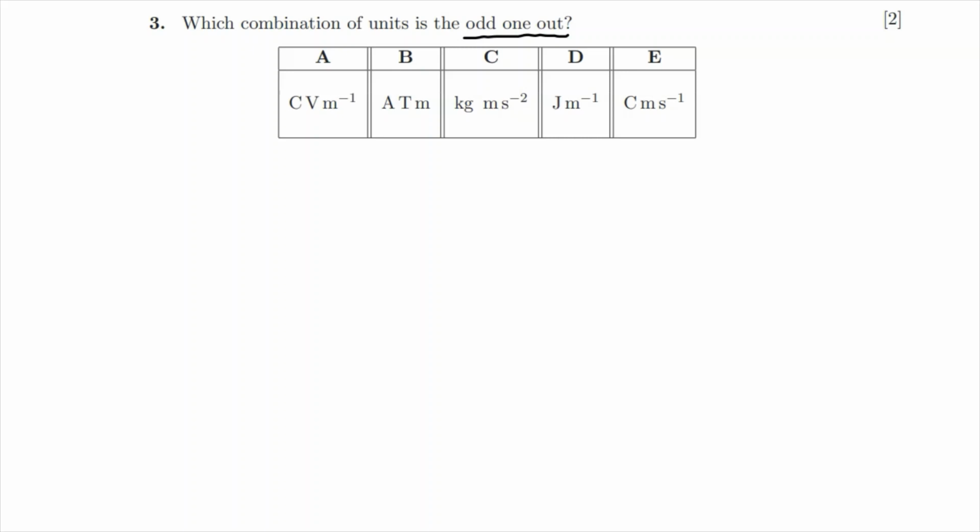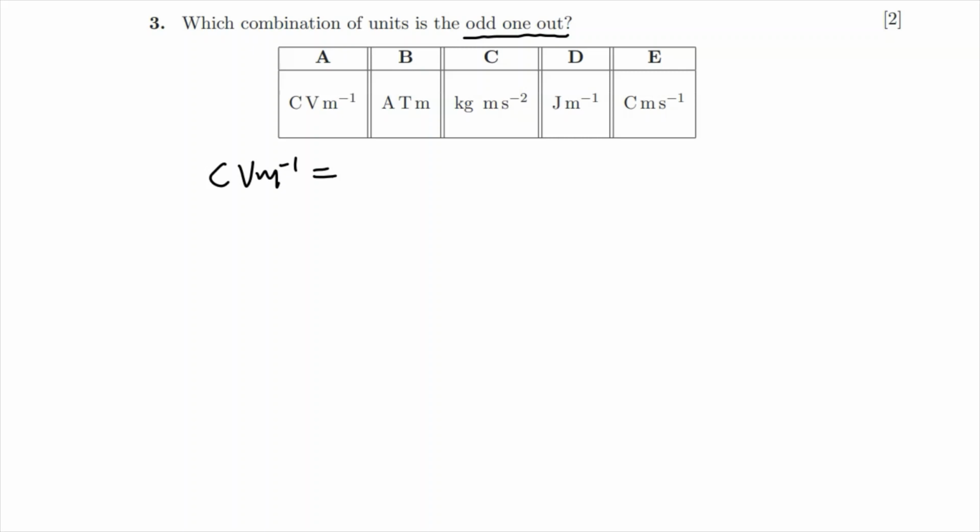Let's just sort of do some synthesis of each of the sets of units to see if any stick out as odd. So for A, we have coulombs volts per meter, which now I'm going to change this into quantities to see what quantity this equals.